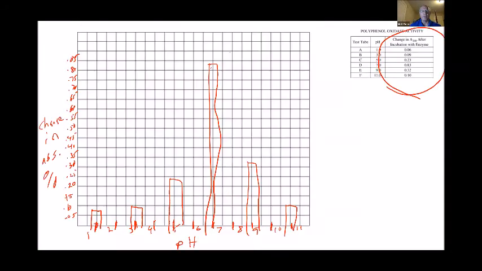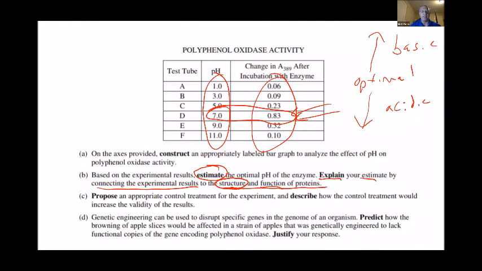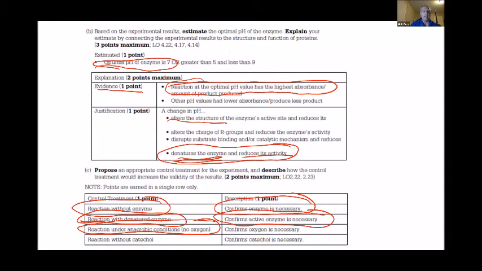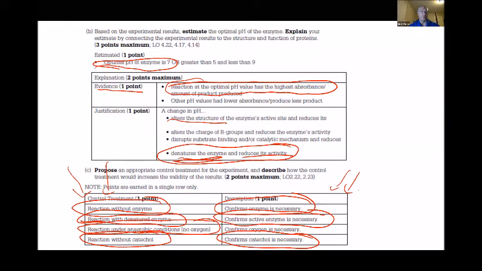So that could show that oxygen is required to make this happen. Finally, you could have run it without the catechol compound. Remember, the catechol compound is the original substrate. So by running a reaction without that, you could confirm that it is necessary for this reaction to happen. So 2 points possible, 1 for giving an appropriate control, and 1 for describing why it's an appropriate control.